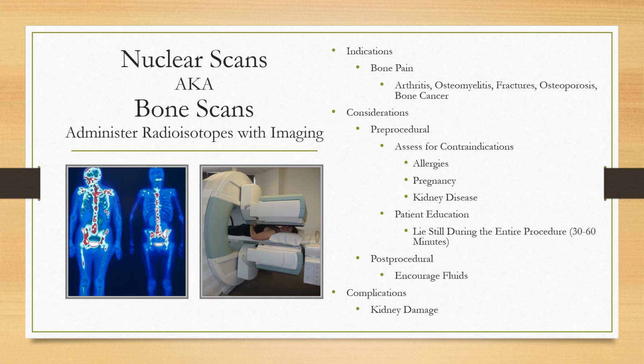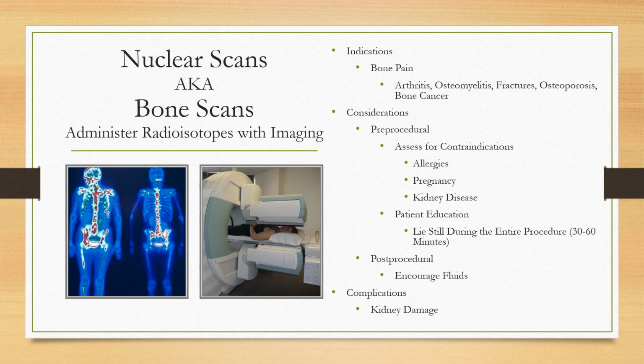bone. So what happens is the patient will go to a hospital. They'll be injected with a radioactive isotope, and then they'll go away for 2 to 3 hours, and they'll return, and they'll receive this imaging test that basically will look at all the bones.